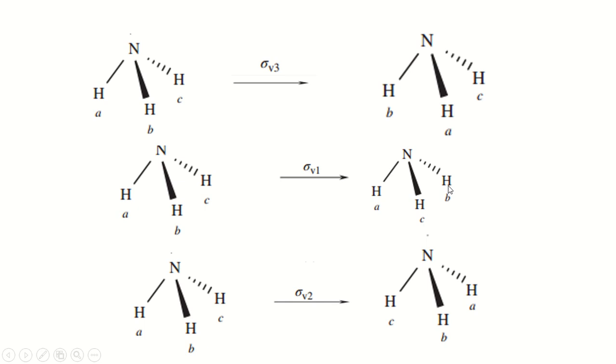This HB will replace HA and occupy the place of HA, and HA will move to the place of HC, and subsequently HC will move to the place of HB. So the structure of this molecule, the product, would be like this, and this is the operation obtained after applying sigma V3.